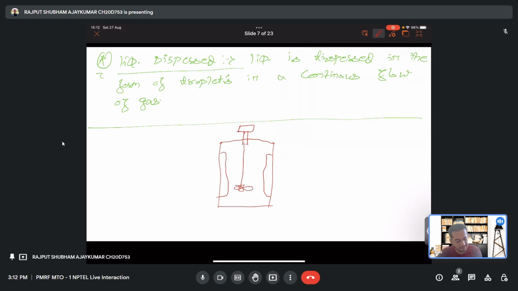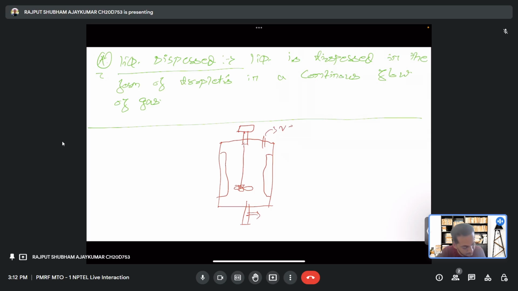This is the agitator, and similarly you can take this as an outlet, this as vent, gas out, and this as liquid out. We have taken this as a counter current flow of the gas.